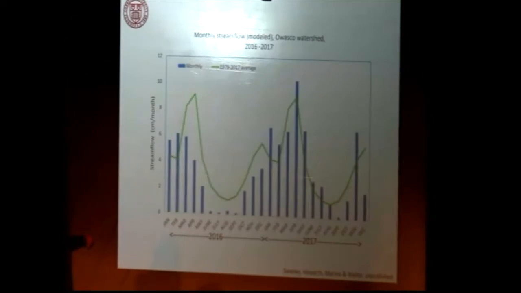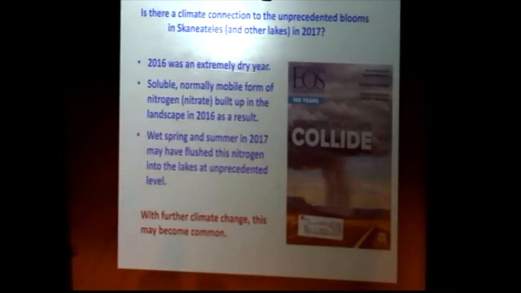And then you get this very, very wet spring and summer in 2017. It's a cold, wet time. That's flushing all of the nitrogen, and we think that might be the first trigger for Skaneateles' bloom. And again, with further climate change, this sort of oscillation in meteorology seems likely to become more common.